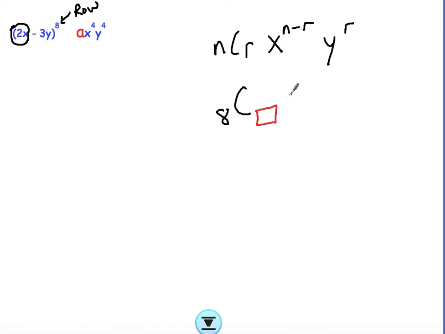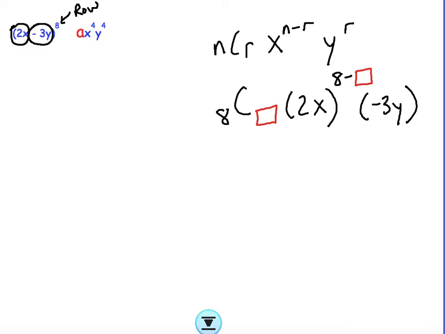Well, that happens to be a 2x in this problem. And that's going to get raised to the n minus r, so 8 minus something, which I don't know yet. And then the y in the formula is whatever the second thing listed is, which in this case is a negative 3y. And that will get raised to whatever r is, which I don't know yet.